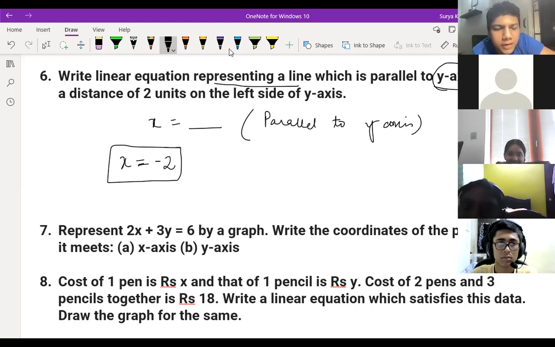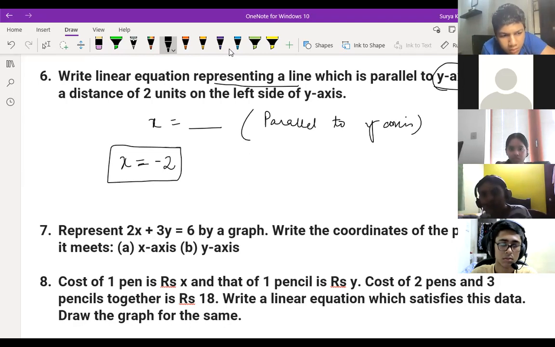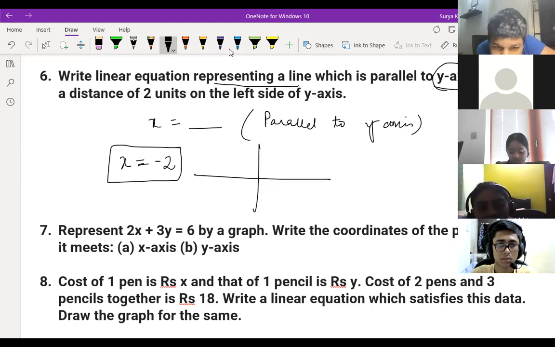We have to do it in one variable or two variables. You can do it as you wish. If in one variable, how will we get parallel to the y-axis? So it should be two variables only. It is at a distance of 2 units on the left side of the y-axis.